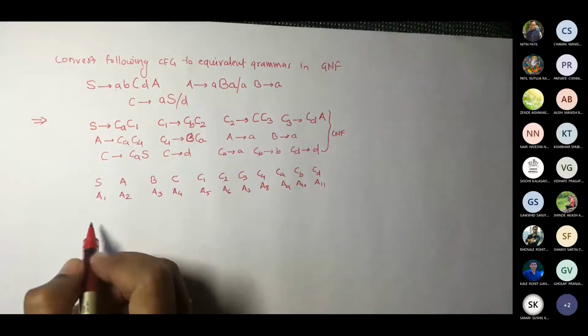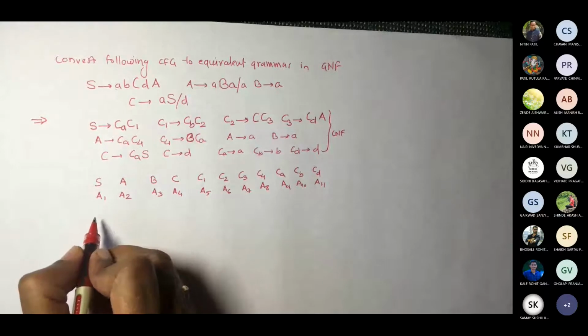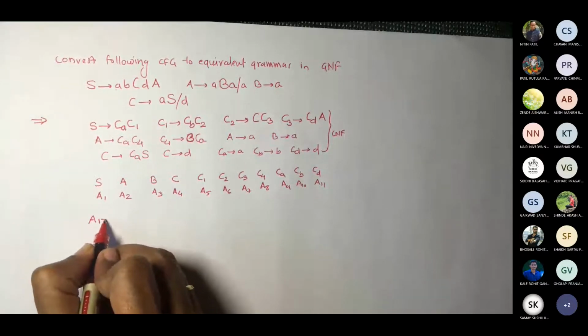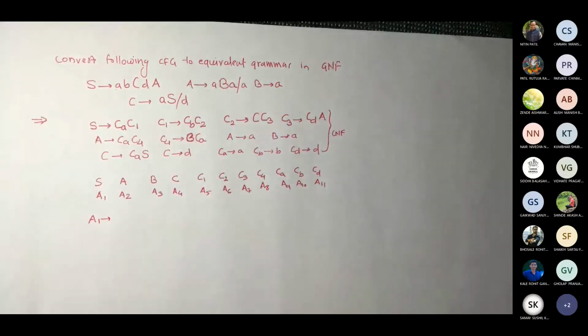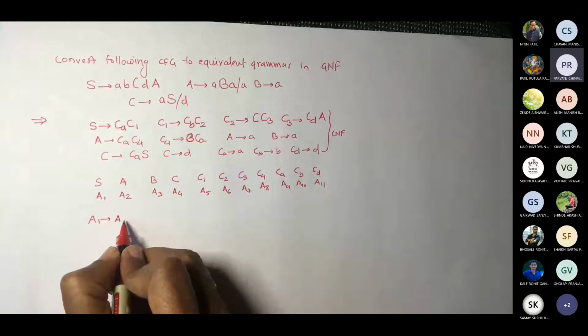Now you have to rewrite these productions. So let us rewrite them. So A1 gives. Now tell me, Chinmay, the A1 production. A1 will give CA and CA is A9. So A1 gives A9 and A5.